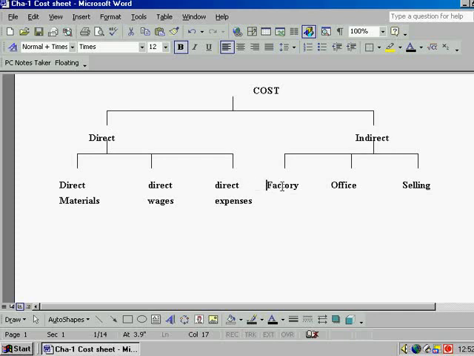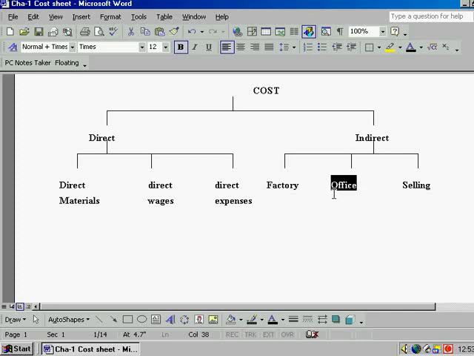Now if that indirect material, indirect wages or indirect expenses are incurred in factory, then they would become factory overhead. Like oil and grease is an indirect factory material. Yes, factory's watchman's salary is an indirect factory wages. And factory lighting and all are other factory expenses which are not direct, they are indirect. Same way for office.